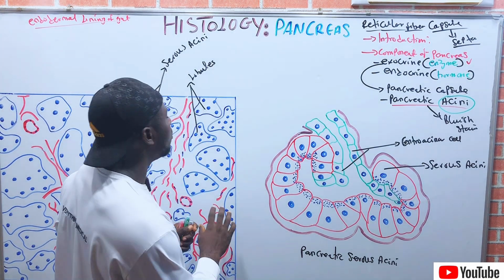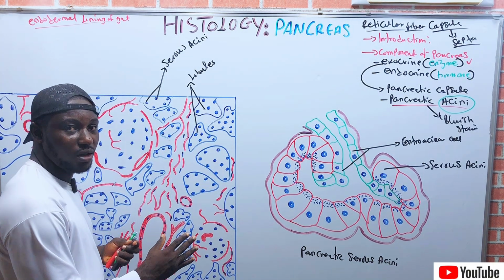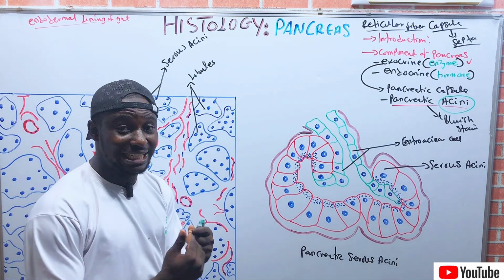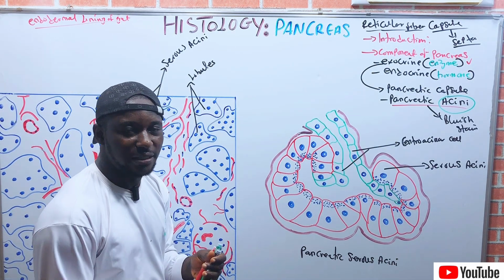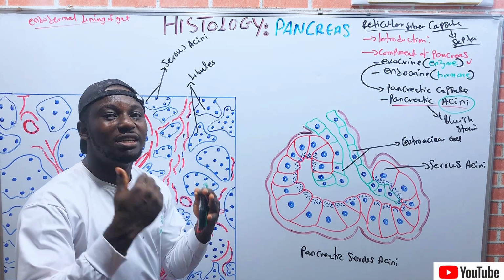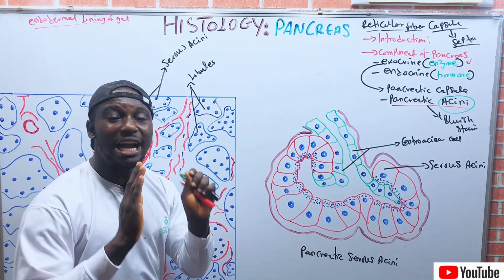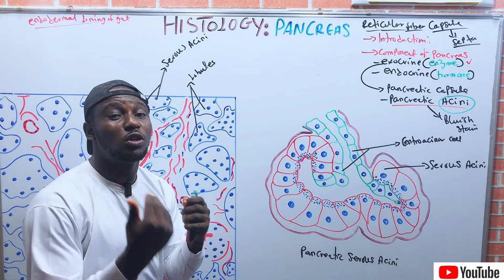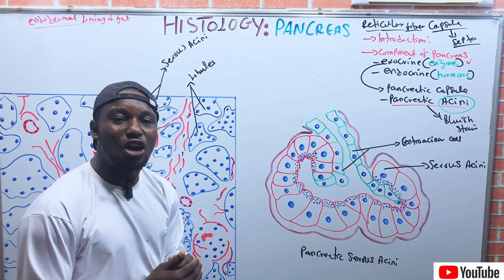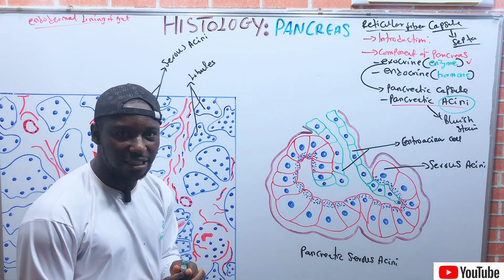Now, on the histological features of the pancreas, there is a space where the pancreatic acinar cells are separated by an area where we see an aggregation of cells that is quite different from the pancreatic acinar cells. That aggregation of cells is called the pancreatic islet cell or the islet of Langerhans.